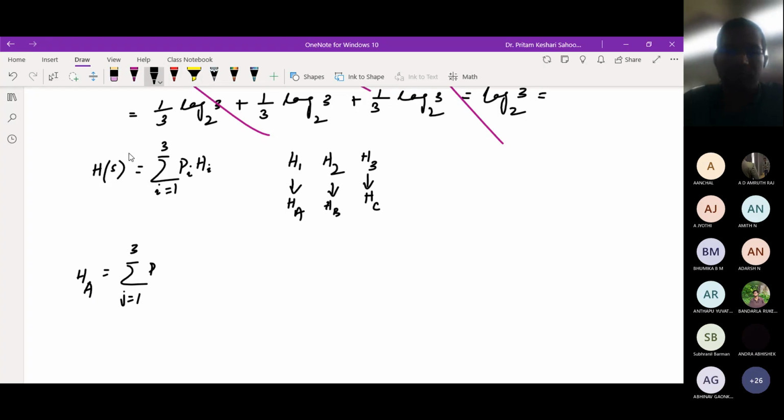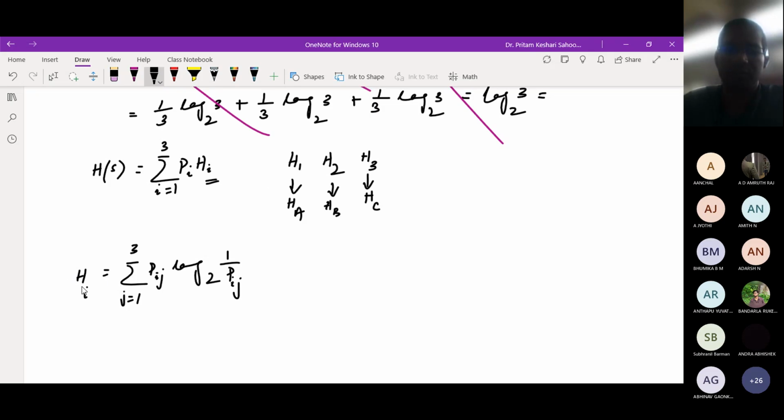If you recall, I am writing from the basics for your understanding. This is the equation: H of i is equal to the summation of P of ij log base 2 of 1 divided by P of ij. This is the general formula for individual state information.